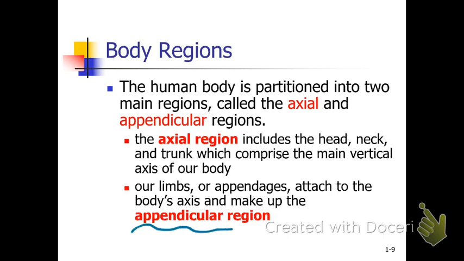And then the appendicular region would be the limbs, that is, the arms and legs. When we get to the skeletal system, you will see that the skeletal system is oftentimes broken up into axial regions and appendicular regions. That is, we will learn the bones of the neck and head and trunk in a slightly different order than the bones of the arms and legs in the appendicular region.